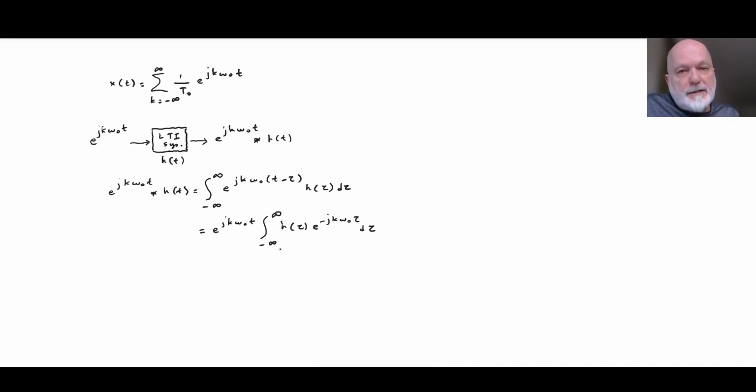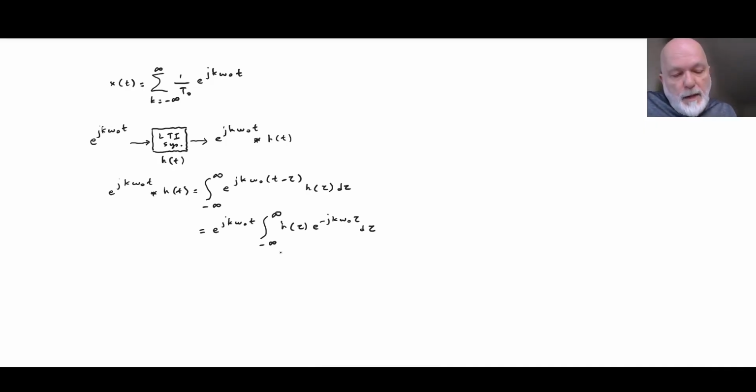So the system action is just multiplication by a complex constant, because the complex exponential signal is an eigenfunction of any linear time invariant system.